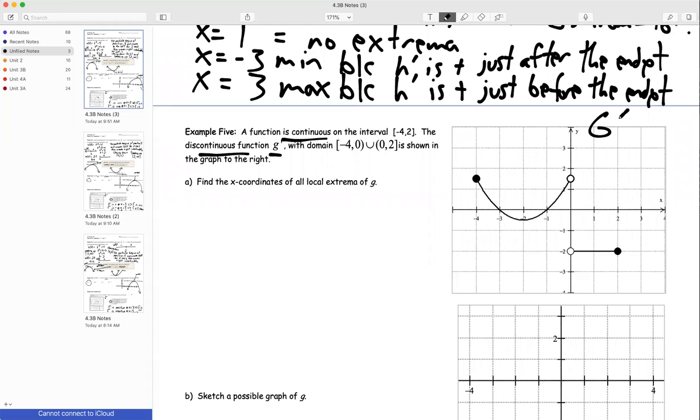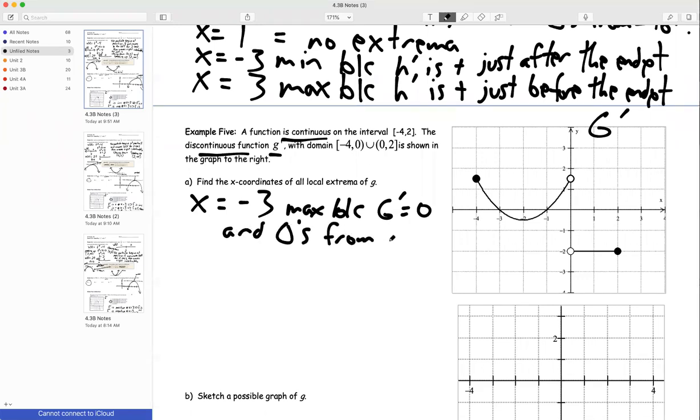So the first thing we need to do is to find our extrema. We're going to start with the critical points, so where my derivative is 0. And so there is an extrema at x is equal to -3. I know that it is a maximum because g prime equals 0 and changes from positive to negative.